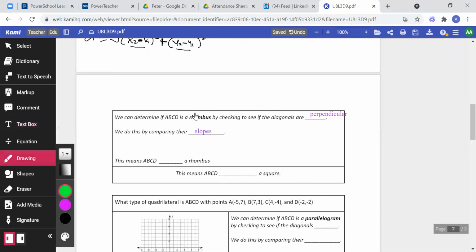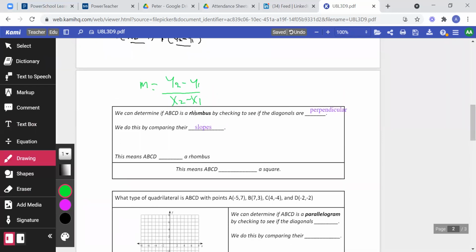And if we forgot how to get slope, slope M equals the difference in Y over the difference in X, so delta Y over delta X. So slope means opposite reciprocal.